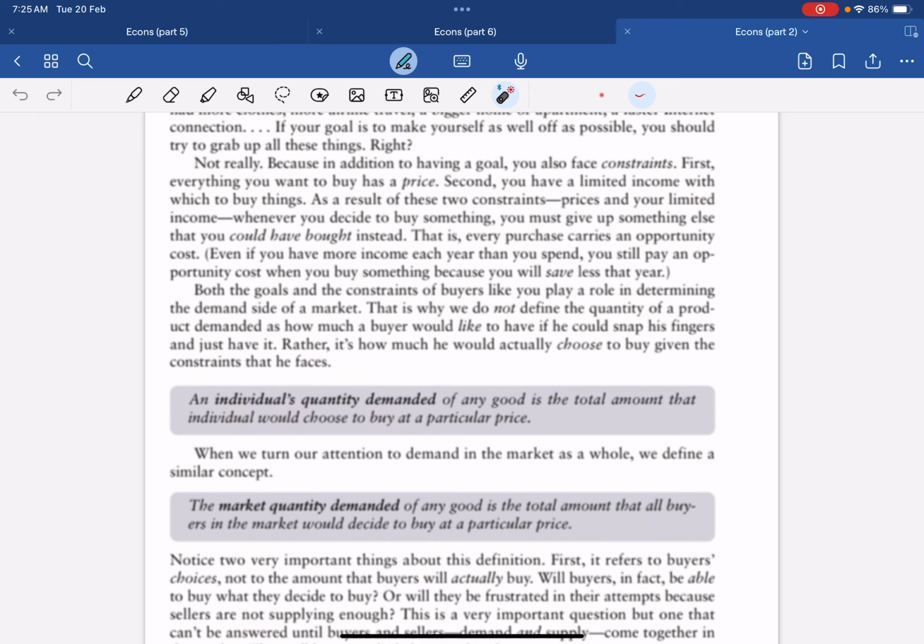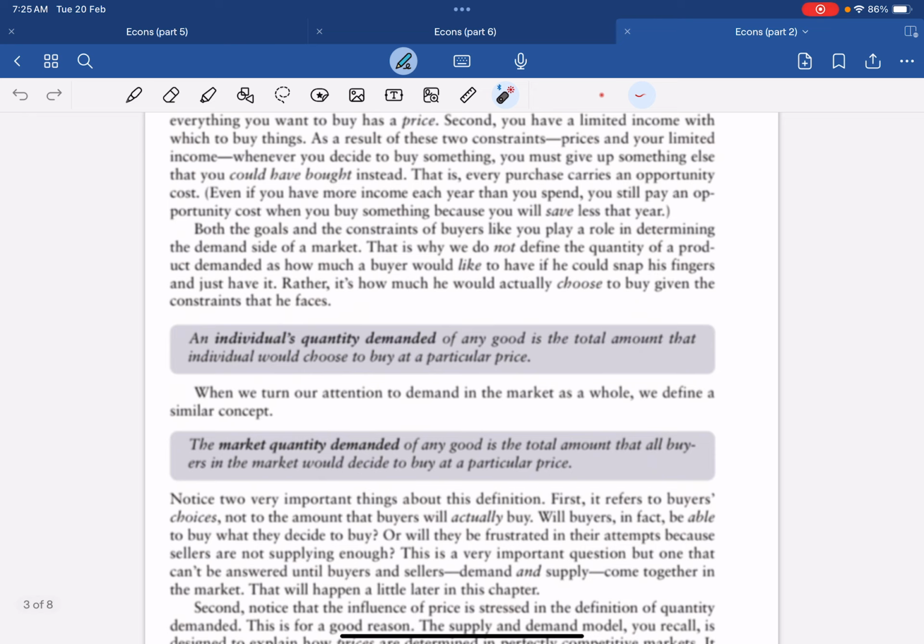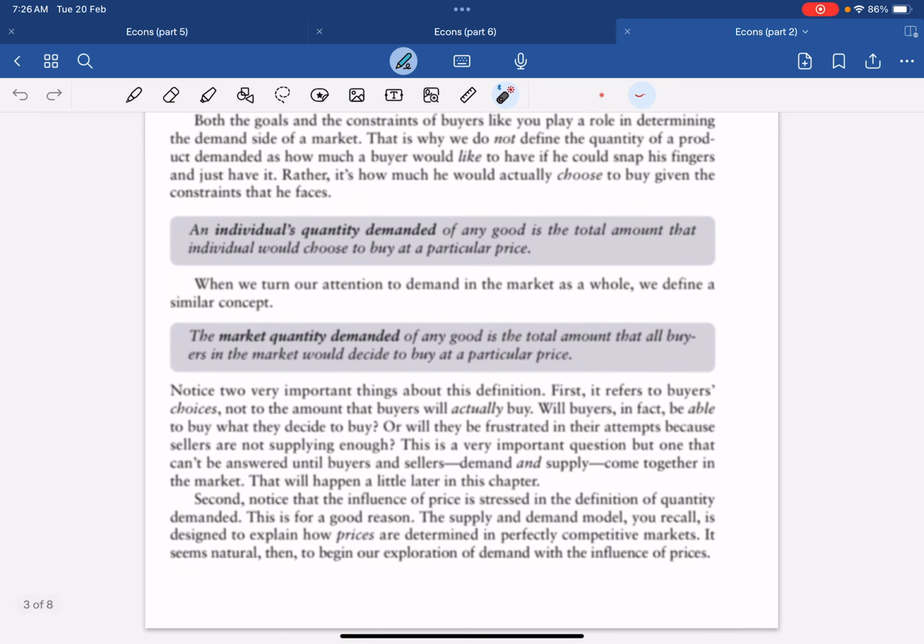The individual quantity demanded is the total amount that individual will choose to buy at a particular price. And the market quantity demanded is the total amount that all the buyers will decide at a particular price. So an important thing to note is that it refers to the buyer's choice, not to the amount that the buyers actually buy.